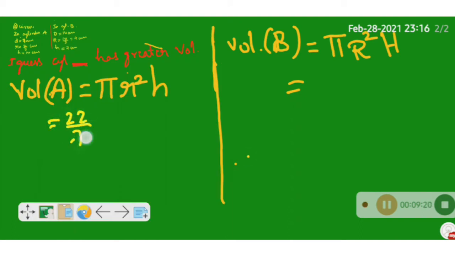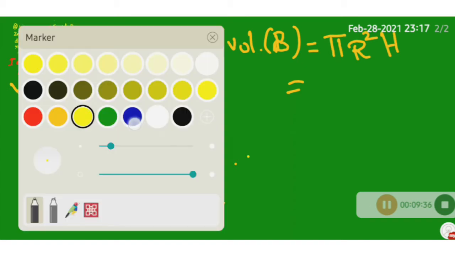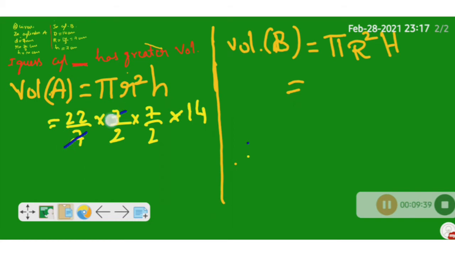So here 22 by 7 pi into r is 7 by 2 into 7 by 2, since it is r square, 2 times, and then height is 14 centimeter in the case of the first one. So let us do the cancellation. 7 gets cancelled, and 2 7s are 14, and 2 11s are 22, so we are left with 11 into 7 into 7.